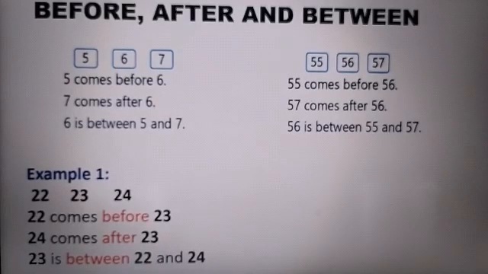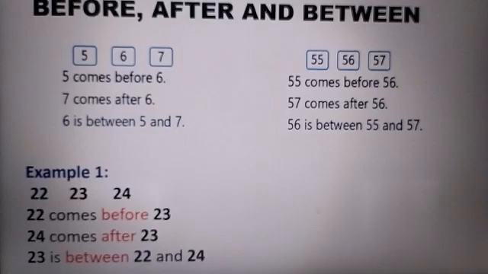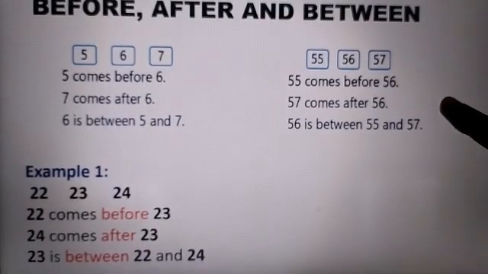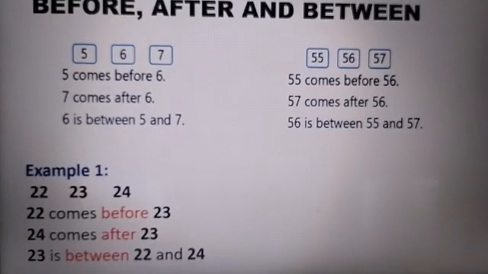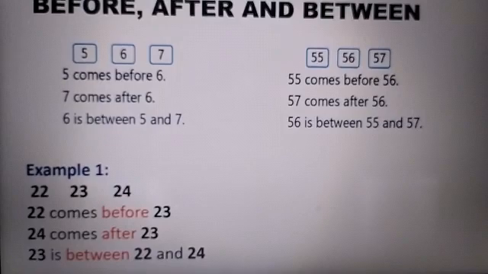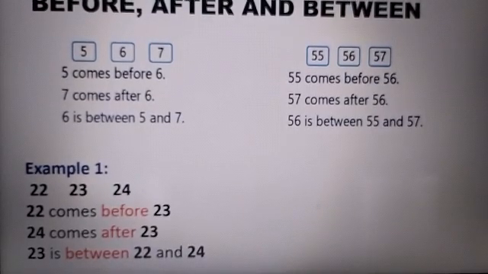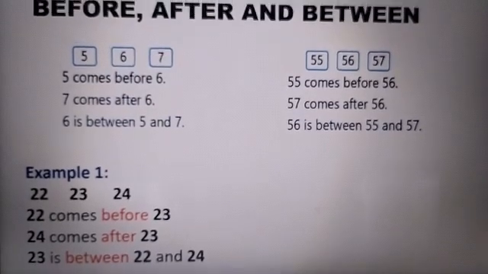And 7 comes after 6, whereas 6 is between 5 and 7. Likewise, 55, 56 and 57. 55 comes before 56 and 57 comes after 56, whereas 56 comes between 55 and 57.